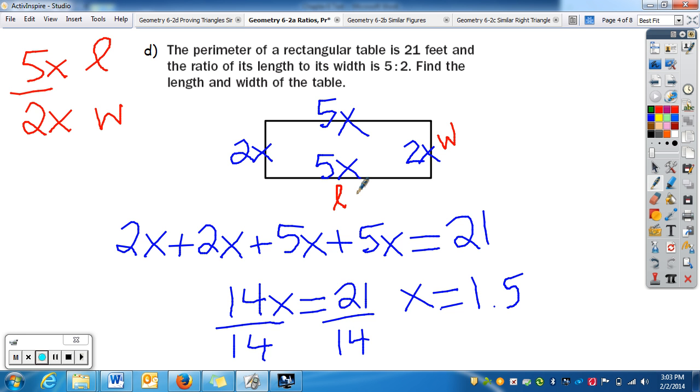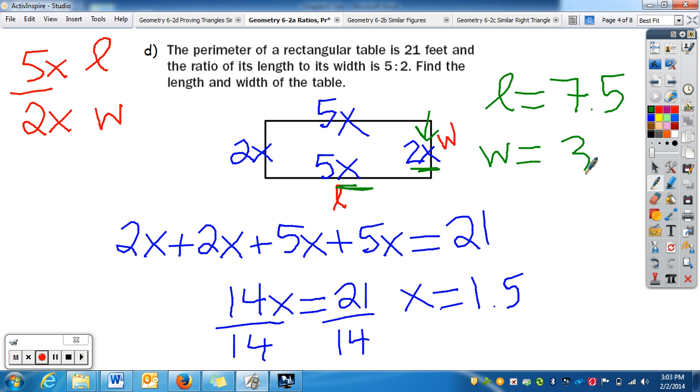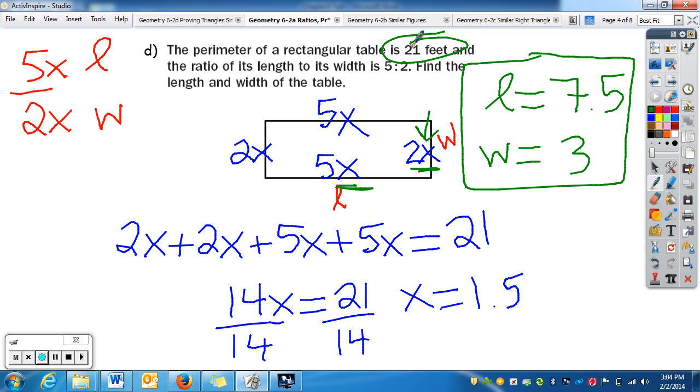We can just plug 1.5 into our x's, and we have our length equals 5 times 1.5 is 7.5. And our width, 2 times 1.5 is 3. And you could check by adding this up. 7.5 plus 7.5 is 15. 3 plus 3 is 6, which adds up to 21 feet. So we have the correct answer.